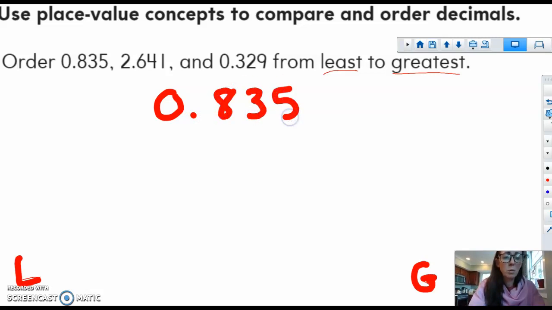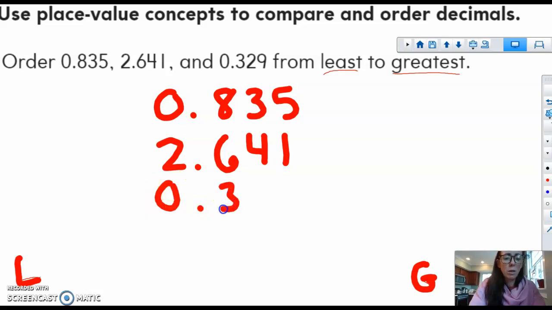I see a lot of people who make silly mistakes because they skip this step. So again, I'm stacking my decimals, and notice all of the ones are lined up, all of the tenths are lined up, hundredths and thousandths.